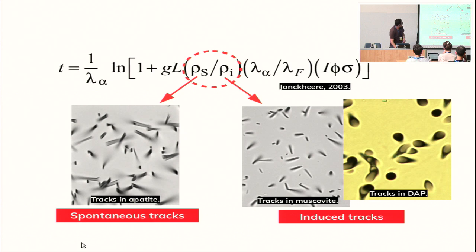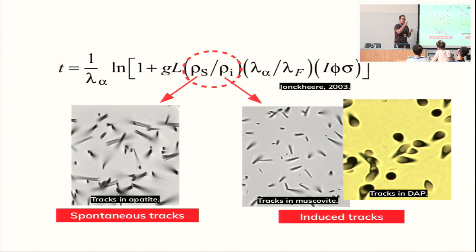So this is one of the equations that we can use to determine the age of these minerals. Let's take a look at ρS and ρI there. They represent two different densities of tracks. ρS is related to the mineral whose age we want to know, and ρI is relative to an external detector that we put there to get the tracks.